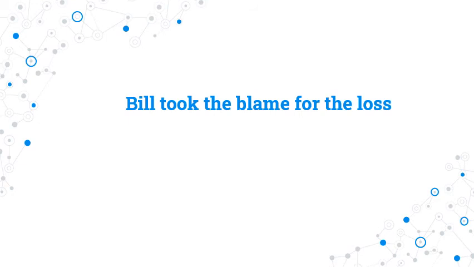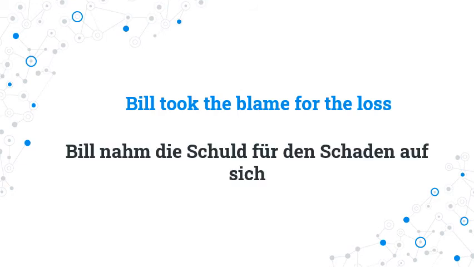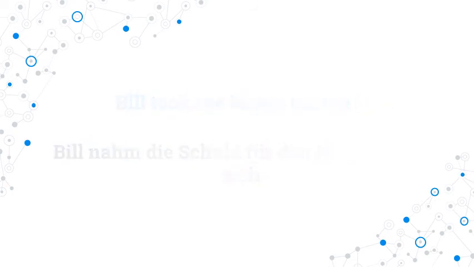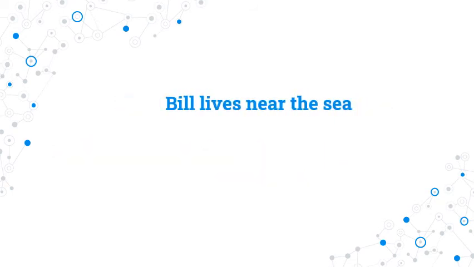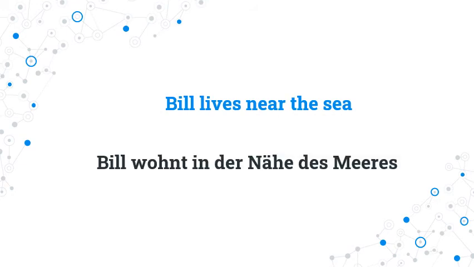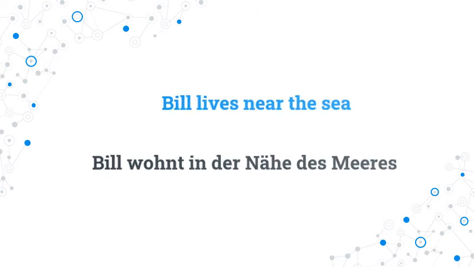How do you say, Bill took the blame for the loss, in German? Bill nahm die Schuld für den Schaden auf sich. How do you say, Bill lives near the sea, in German? Bill wohnt in der Nähe des Meeres.